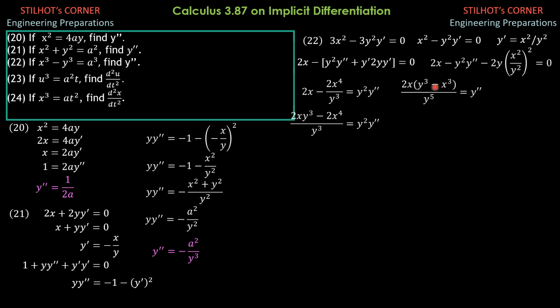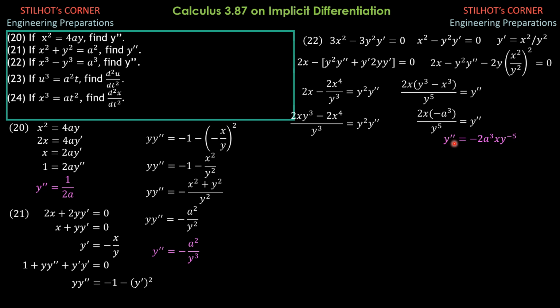Then take note that this is equal to negative a cubed from the given. So we have 2x times negative a cubed all over y to the 5 equals y double prime. Finally, y double prime is negative 2a cubed x over y to the 5th.